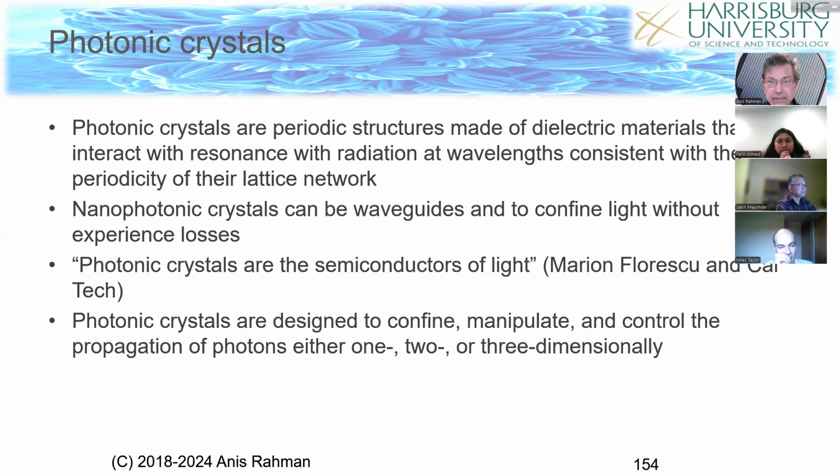They are periodic structure made of dielectric materials that interact with resonance with radiation at wavelengths consistent with the periodicity of the lattice network. So in simple words, photonic crystals are man-made lattice.